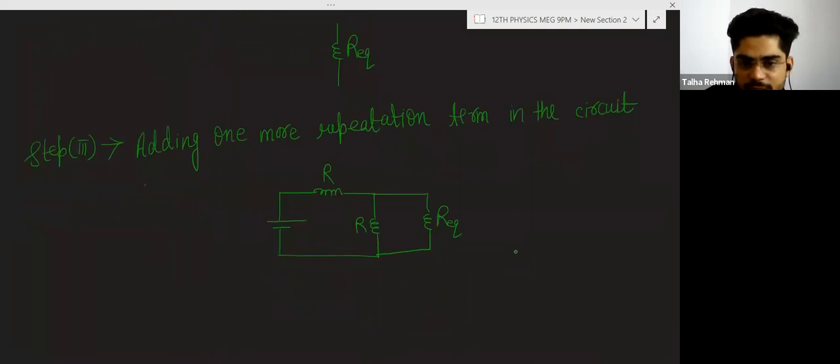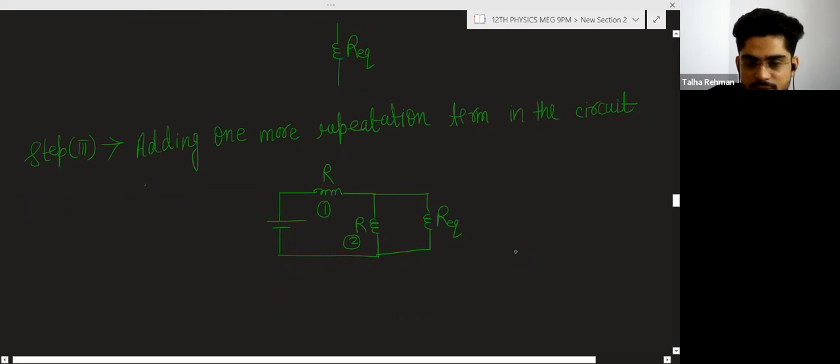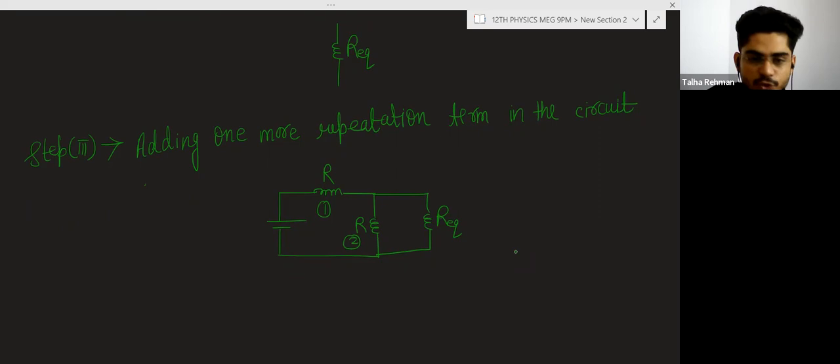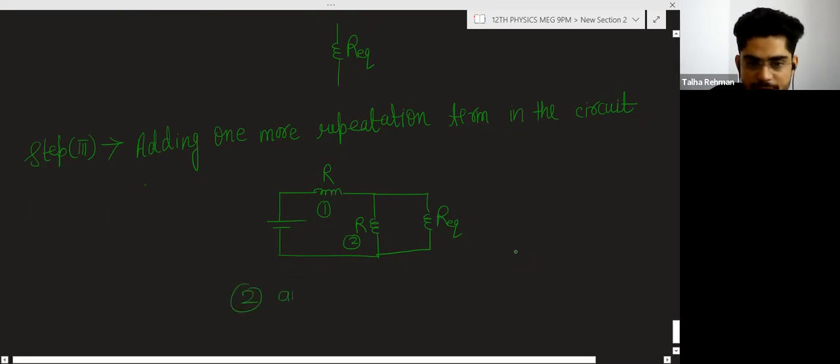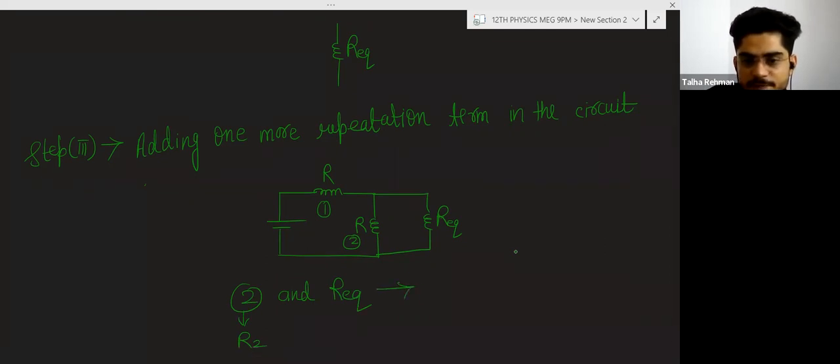So Hamza, this resistance and this resistance are connected in parallel. I am supposing this as one resistance, this as two, and this is R equivalent. R2 is equal to R here. R2 and R equivalent are connected in parallel.